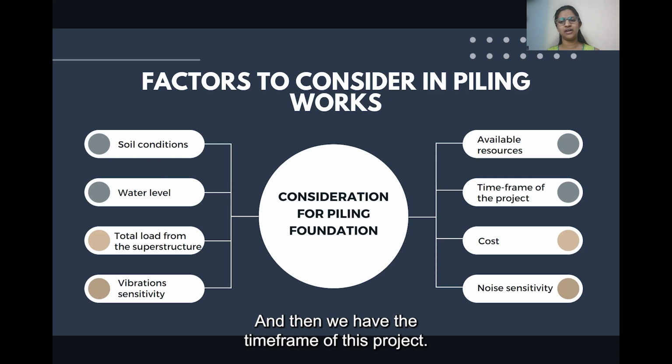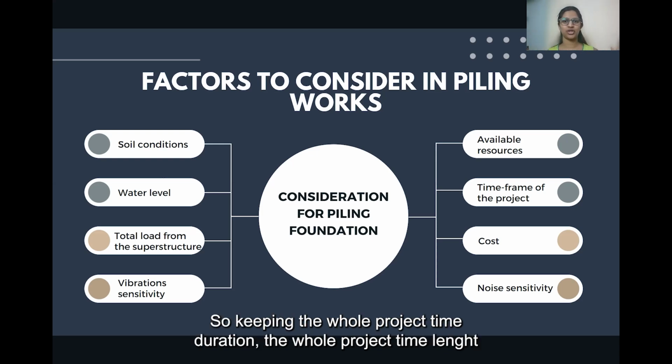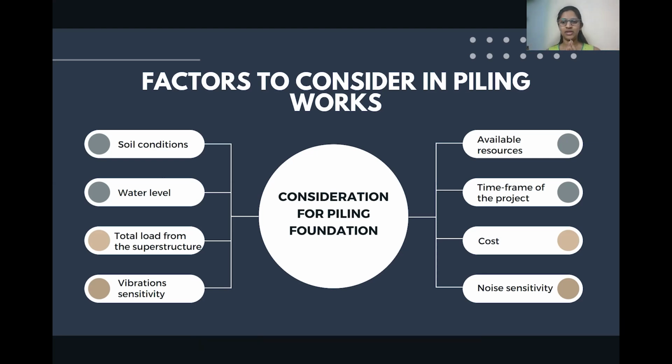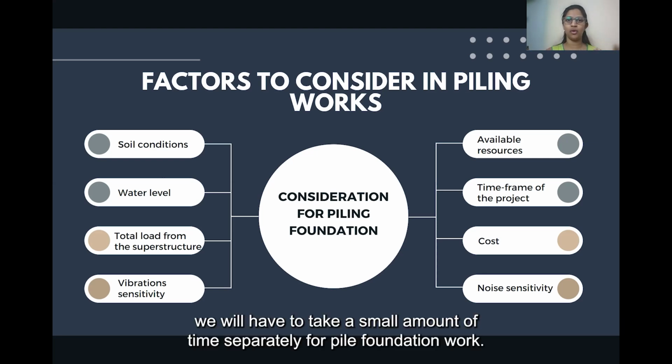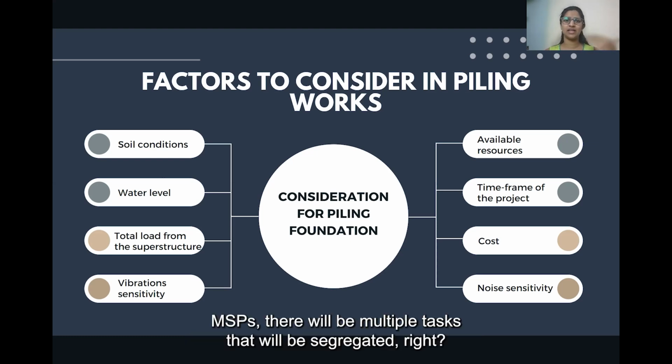And then we have the time frame of this project. Keeping the whole project time duration, we will have to take a small amount of time separately for pile foundation work. So that is one of the tasks. Now in these MSPs, there will be multiple tasks that will be segregated, right?